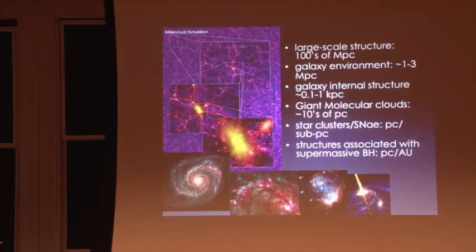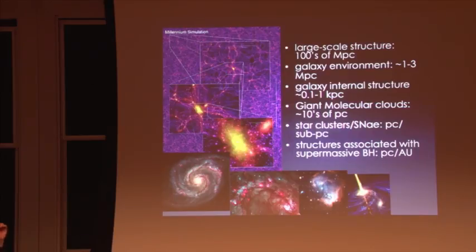This is a very, very difficult problem. We need to understand what stars, supernovae, and black holes are doing down on scales of parsecs or subparsecs, and how this all interacts with giant molecular clouds and spiral arms and bars and galaxy environments and groups and clusters and the cosmic web, etc. Depending on exactly how you count it, that's something like 7 or 8, maybe 9 orders of magnitude of dynamic range.